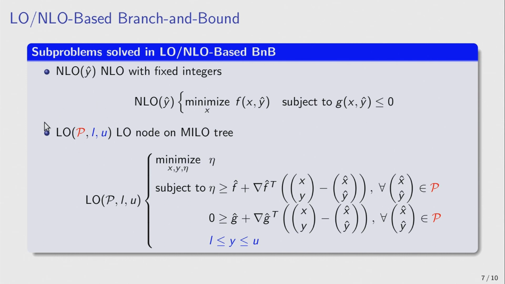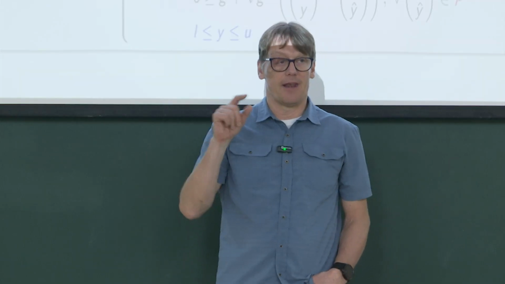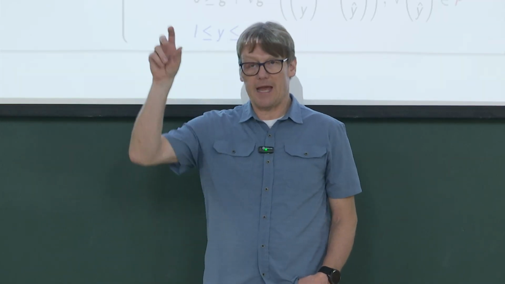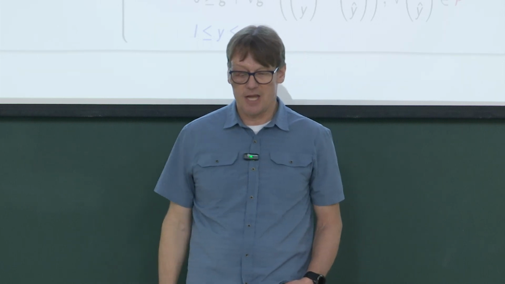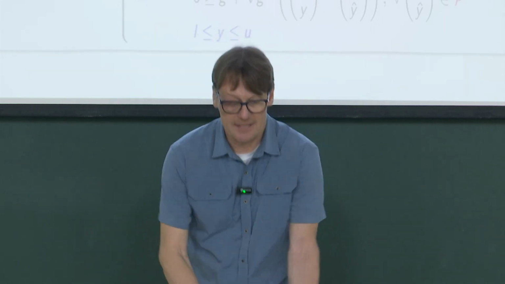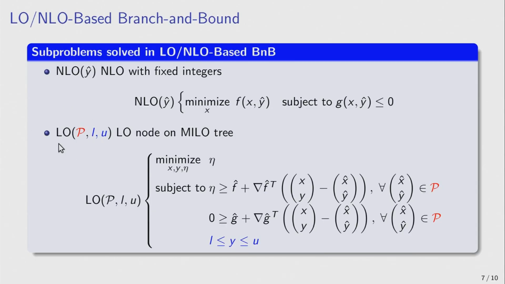The second problem that I'm going to look at is a node in my mixed integer linear optimization tree. And this is now parameterized by three parameters. In the nonlinear branch and bound, we parameterize the nodes by the lower and upper bounds that we had created during the tree search. Here, we also parameterize it by P, which is the set of points for which we have our polyhedral outer approximation of the continuous feasible set.